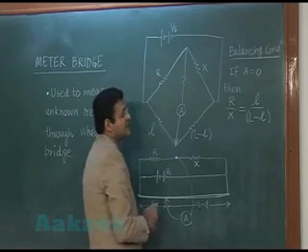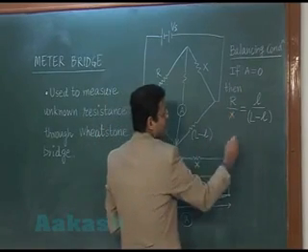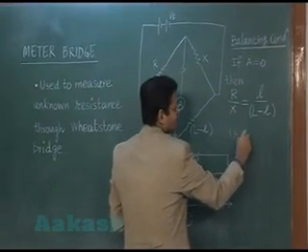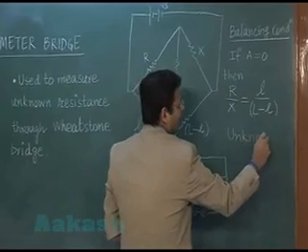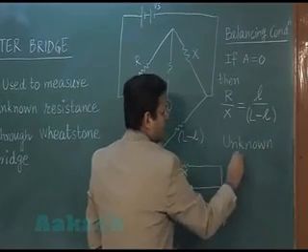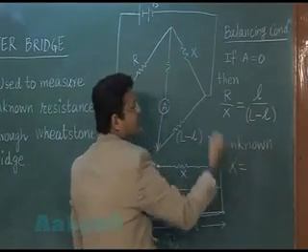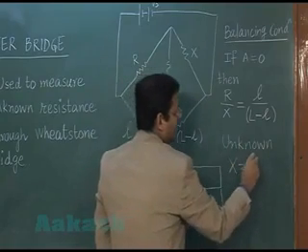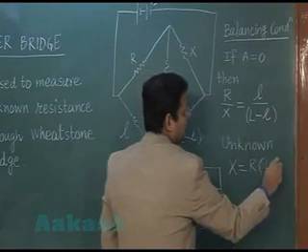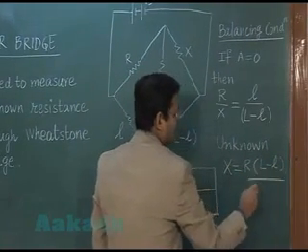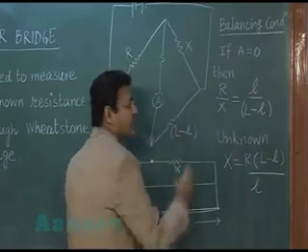If your unknown resistance is X, then X will be equal to R into (L minus small l) by small l, isn't it?